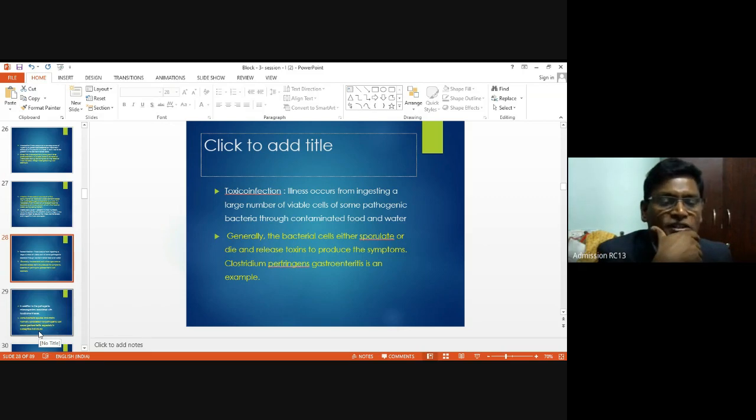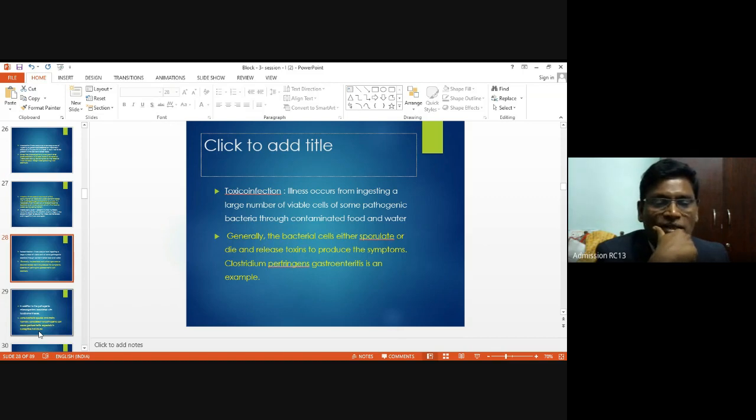Toxico-infection is one kind of infection. The illness occurs from ingesting a large number of viable cells of some pathogenic bacteria. So mainly these microorganisms have the potential of creating a health problem, and they enter always through food or water.